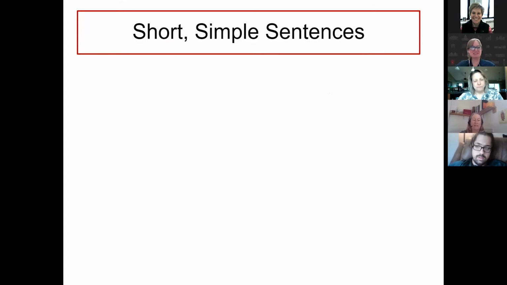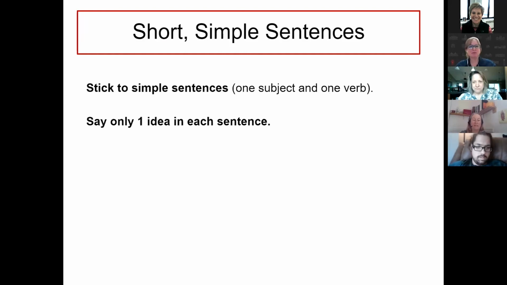Okay, we're going to move on to short and simple messages, sentences, actually. Readability is often determined by the length of your sentences. So we're really getting down to some of the nitty-gritty here. We want to avoid long, complex sentences.